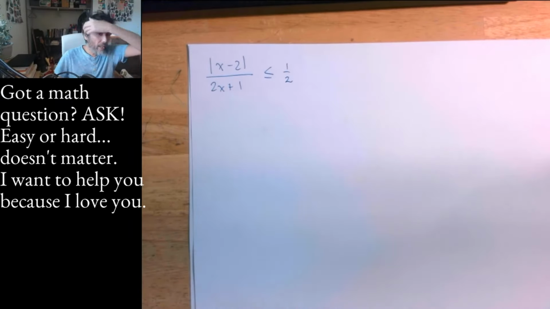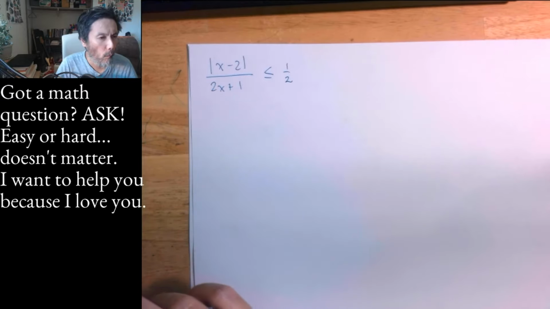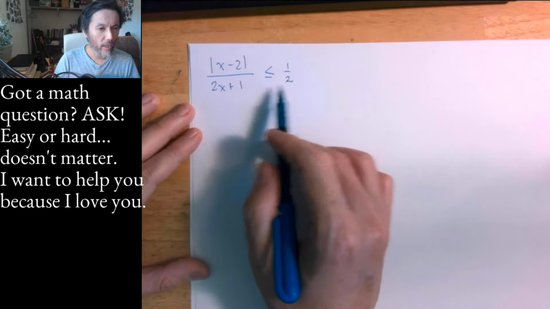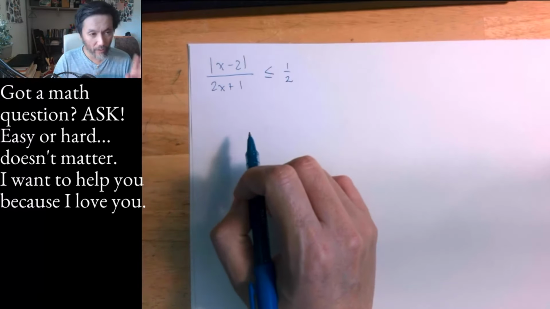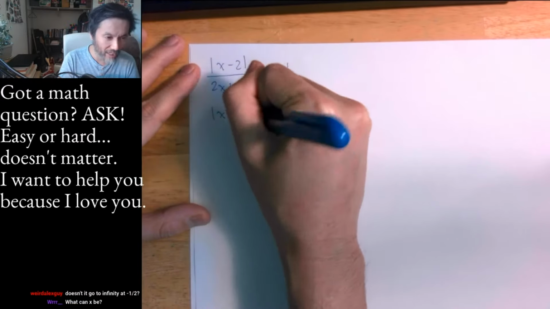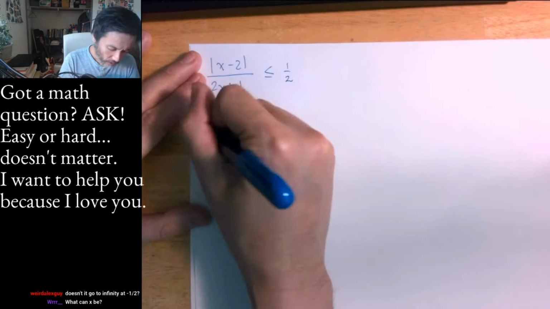Now, the way that I'm going to attack this one, I think the way I want to attack this one is to first subtract 1/2 from both sides. This is a very similar problem, but slightly different in a way that maybe makes it easier to talk about. So let's do this.